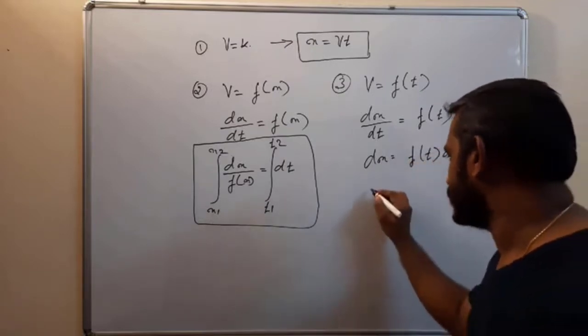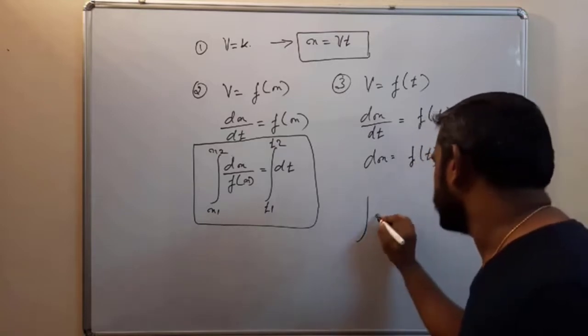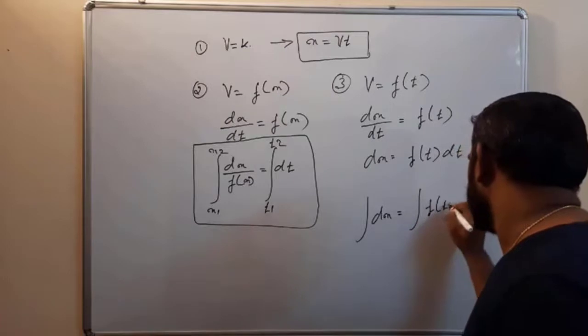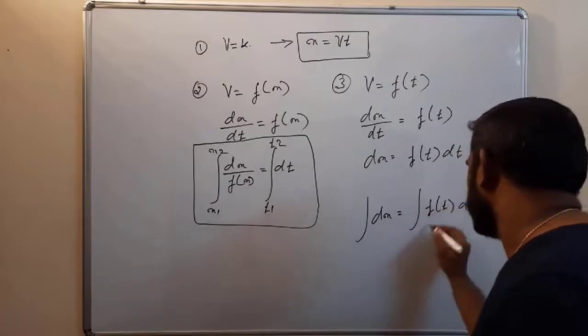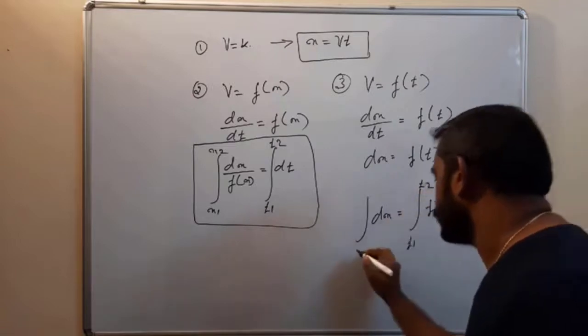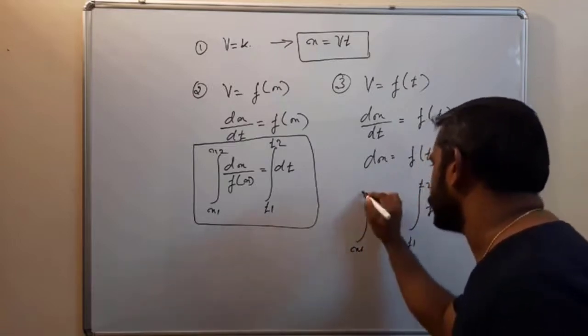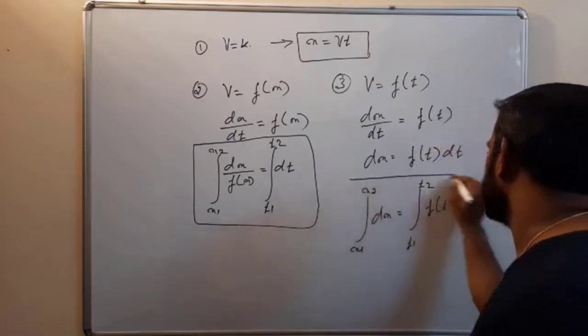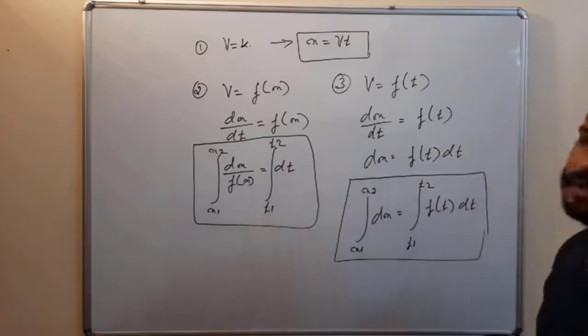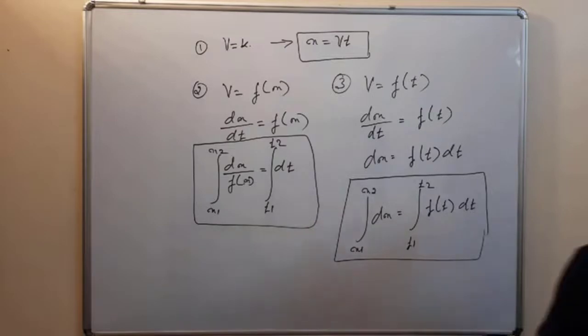The next step is integrate, so the integral of dx is equal to the integral of f of t dt. The time varies from t1 to t2, so that the displacement varies from x1 to x2. This will give the answer.